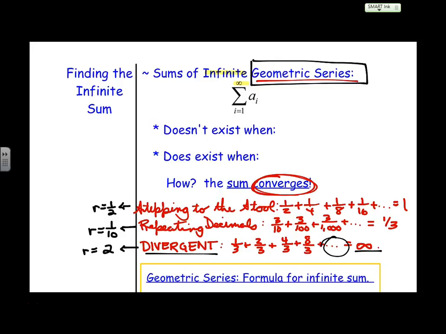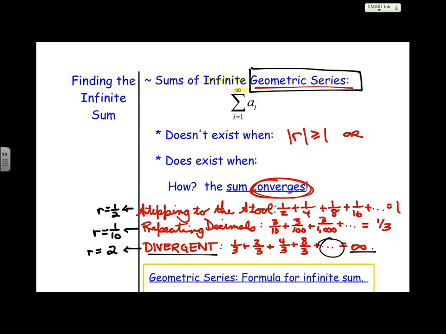Okay? So let's go ahead and talk about this up top. Ready? The infinite sum will not exist when, for a geometric series only, the absolute value of the common ratio is greater than or equal to 1. But here's another way of saying it that's a little more common sense.